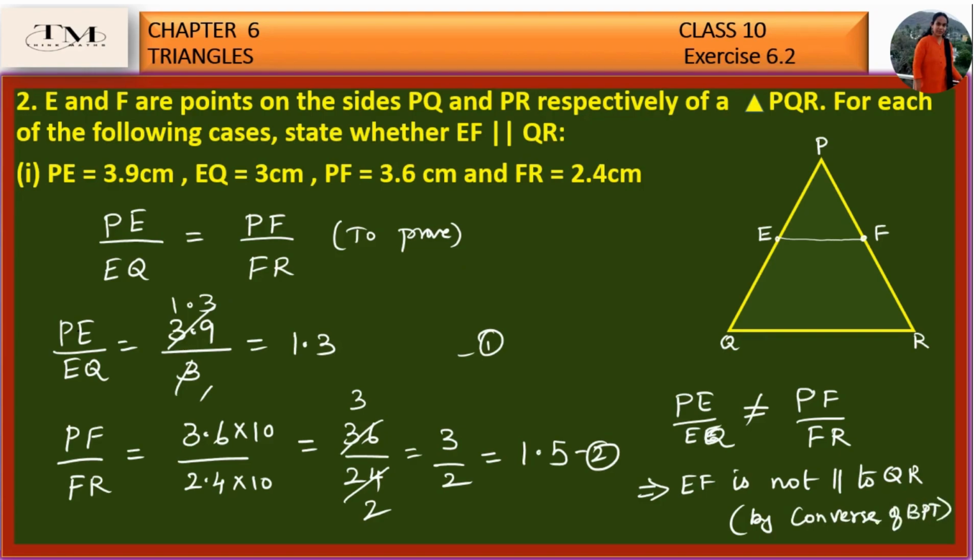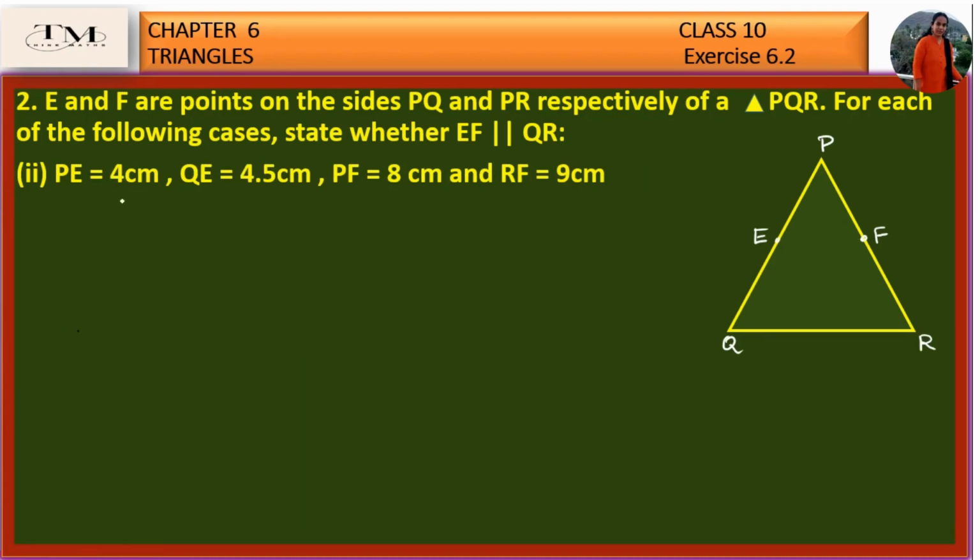I hope you can understand this. So moving on to the second half on the next page. Here PE is 4 centimeter, EQ is 4.5 centimeter, PF is 8, RF is 9 centimeter. So we have to prove EF parallel to QR.